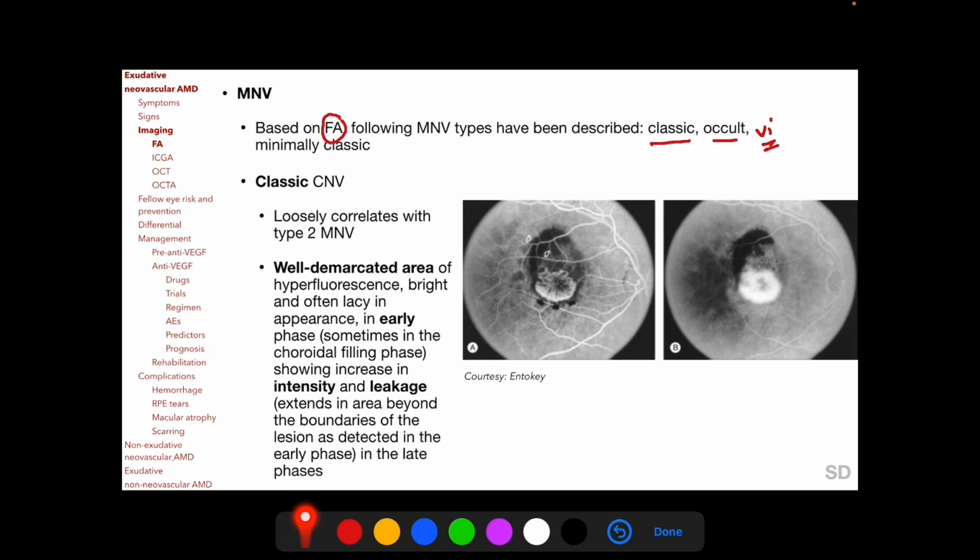The fluorescein angiographic description of a classic CNV loosely correlates with type 2 or subretinal MNV and appears as a well-demarcated area of hyperfluorescence, bright and often lacy in appearance in the early phase of the angiogram, which in the later phases shows an increase in intensity of the fluorescence as well as leakage. This is a very important description to remember.